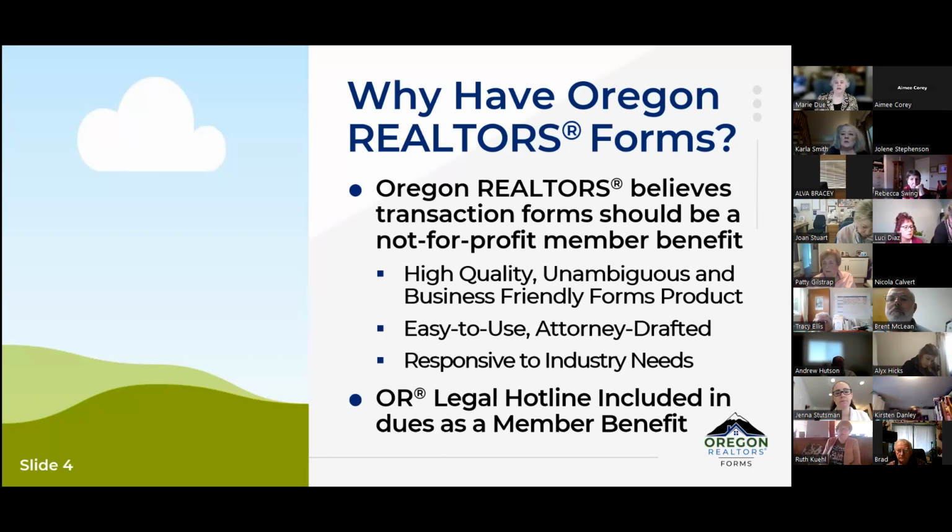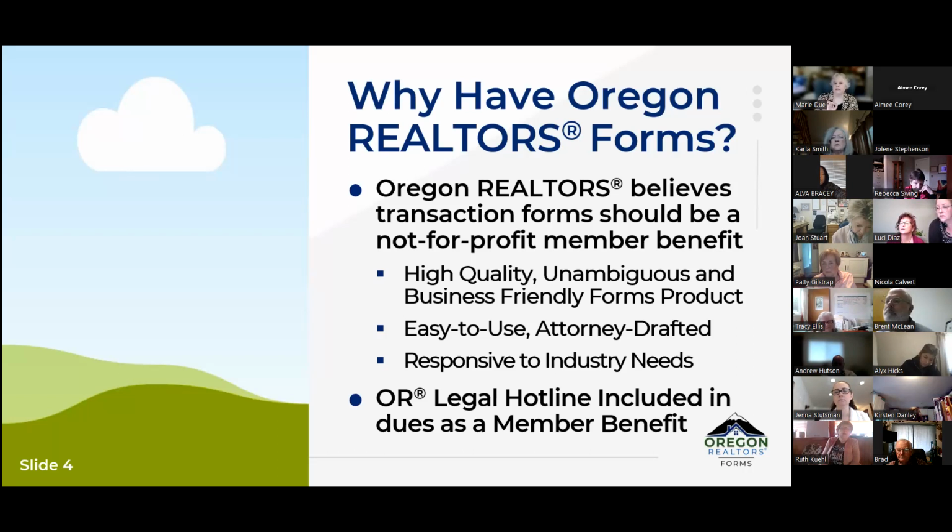One of the other things that came up was that probably 90% of the calls that the Realtor hotline had was for questions on the forms. And that's when they realized that we needed something that has to do with the forms that we know we have to have. And so now the legal hotline is a member benefit. You don't have to pay a subscription to get it.